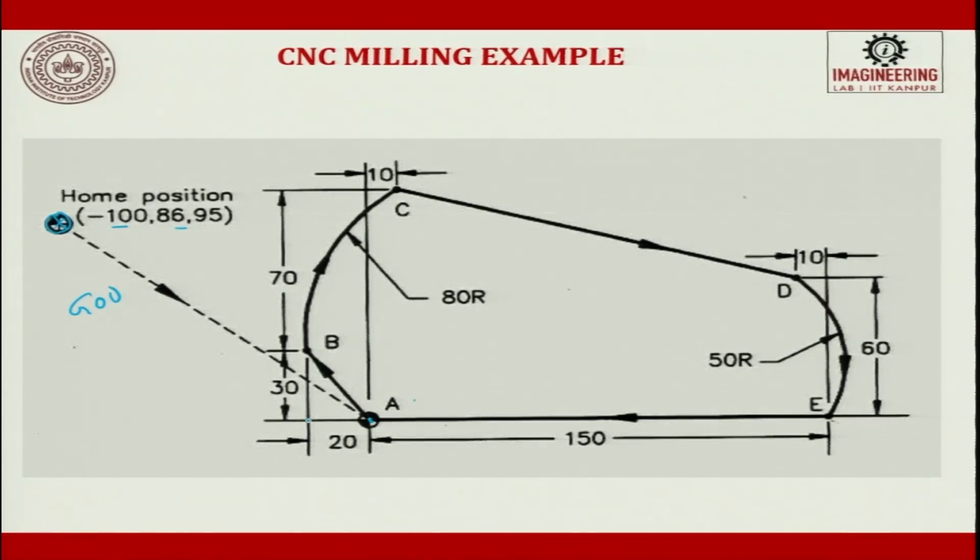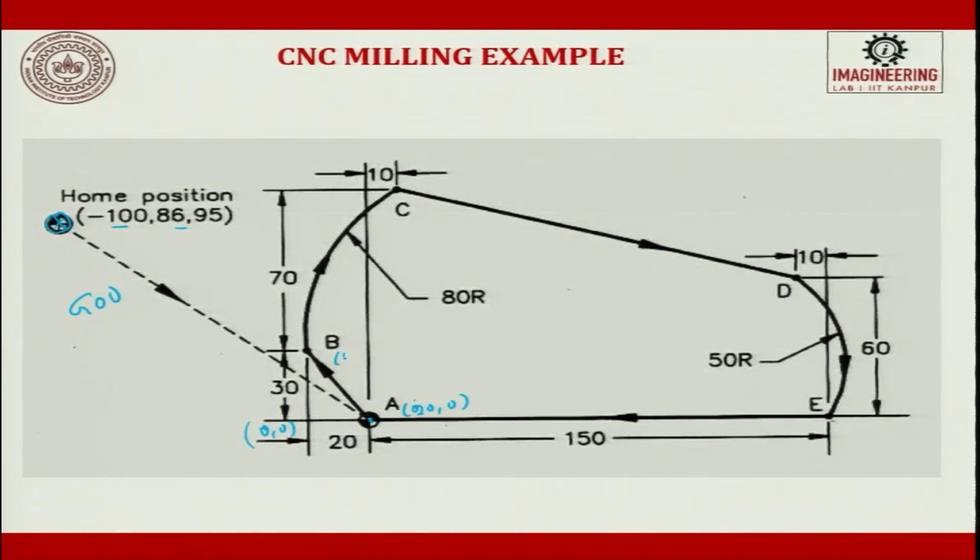So, maybe we might take this as 0 comma 0. This is a point which is 20 in x axis, y axis it is 0. So, you can take this as 20 comma 0. From here you are going to this point where we have given you 30.